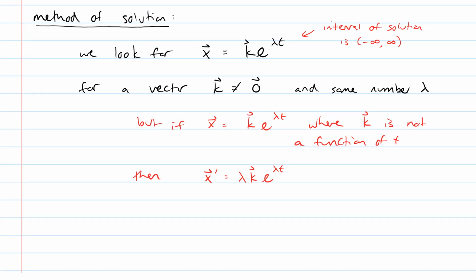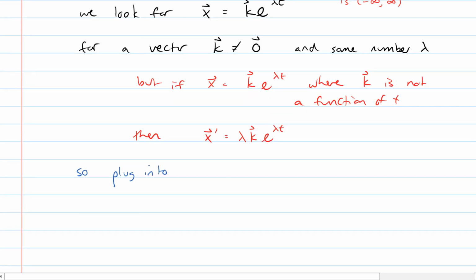So we're going to plug this in. And I'm trying to make my capital X's really big and distinct from my lowercase x's. So our original matrix equation was vector X prime is equal to A vector X, where these are capital letters.